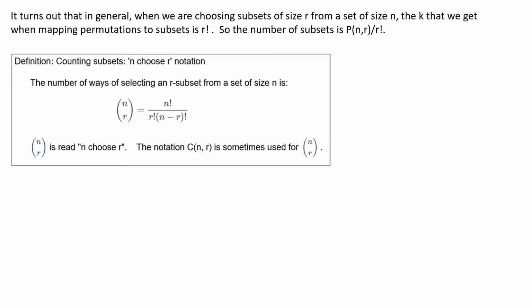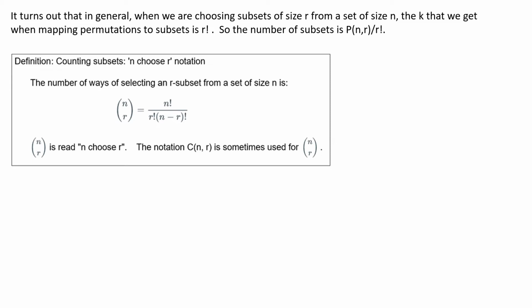So here in this box, definition, counting subsets, n choose R notation. Remember with permutations, we would say things like the number of permutations of n things taken R at a time. What we usually do now when we're talking about just subsets is say something like n choose R, meaning we start with n things and we choose R at a time.